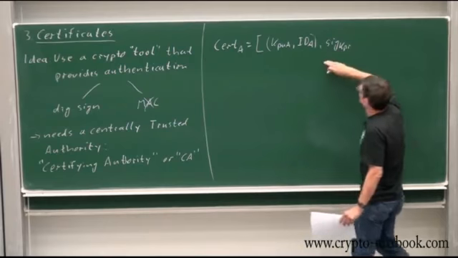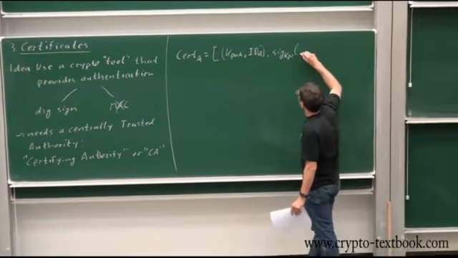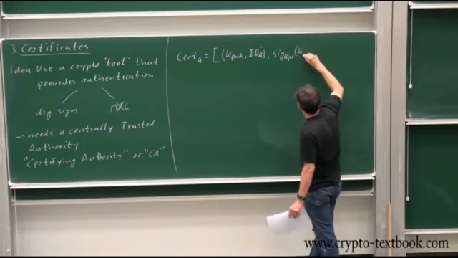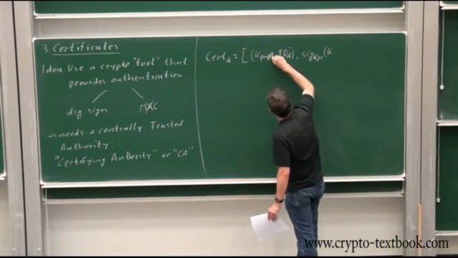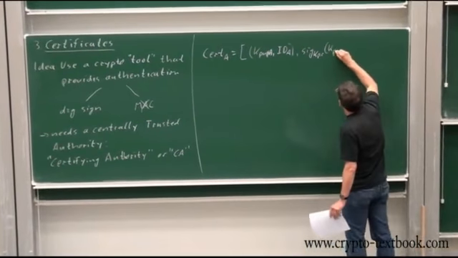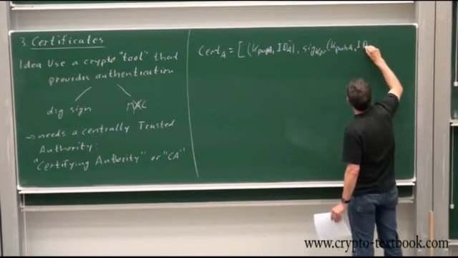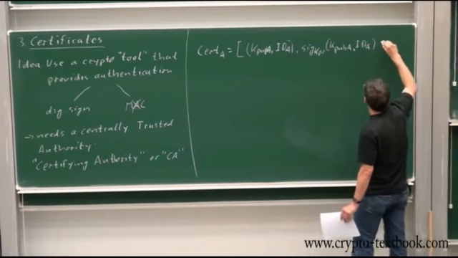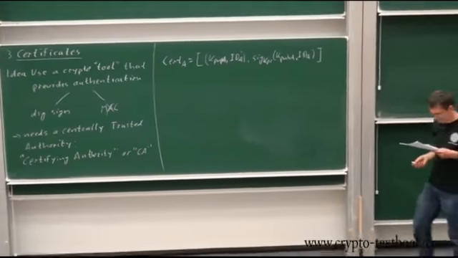A signature obviously needs a private key, right? For computing it. So K public of Alice and the ID of Alice get digitally signed, and that's a certificate.